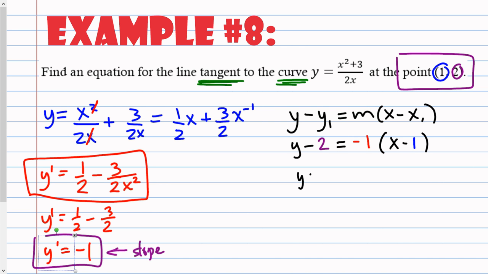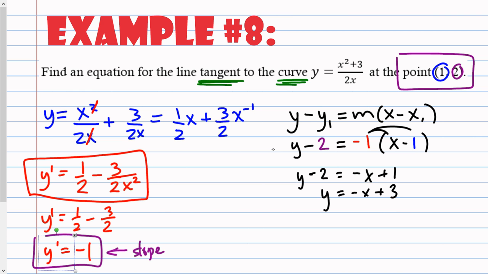So y minus 2 equals -x plus 1, because I distributed. And then add 2 to both sides. So y equals -x plus 3. So there's slope-intercept form, in case that's what you need.